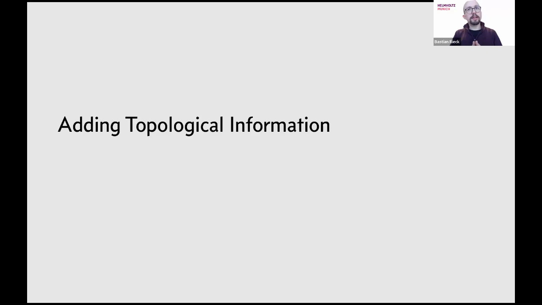Now, we'll be talking about adding topological information to the mix, and we're going to start slow and first add some kind of static topological information. But later on, we will also see how to learn topology-based representations, and how to learn, for instance, specific parts of the computational topology process and the computational topology pipeline.